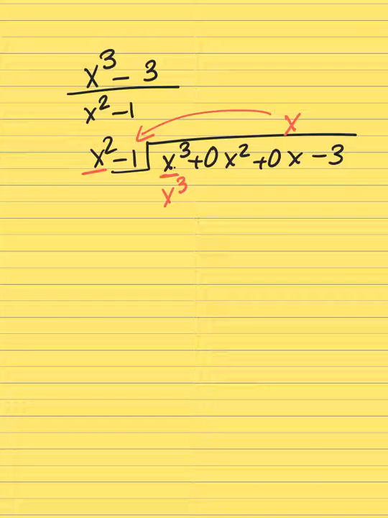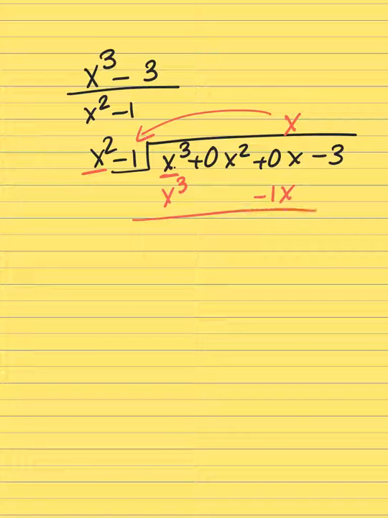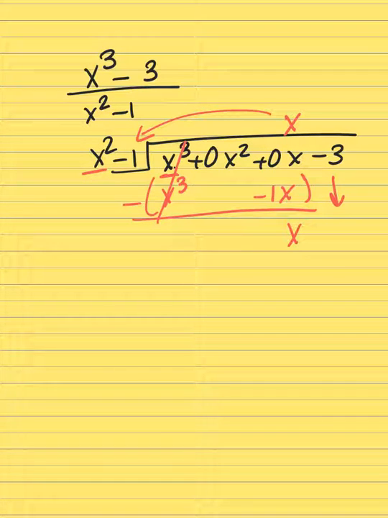X times negative 1 would be minus 1x. And then I'm going to subtract. That cancels. And then now you see why we had that x spot there. It's because now I can cancel and say, okay, 0 minus negative 1x, that's going to be a positive 1x. And I'm going to bring down the minus 3.